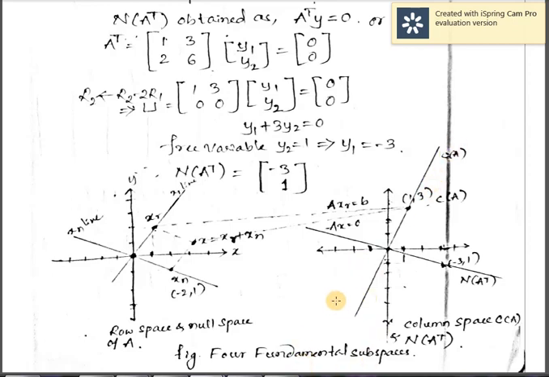The left null space is the null space of the transpose matrix, which is minus 3, 1. So minus 3 on one side and 1 up gives this line.